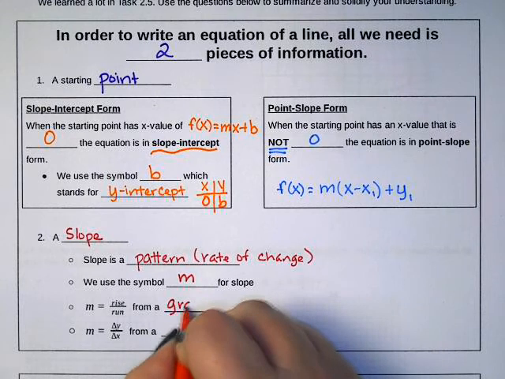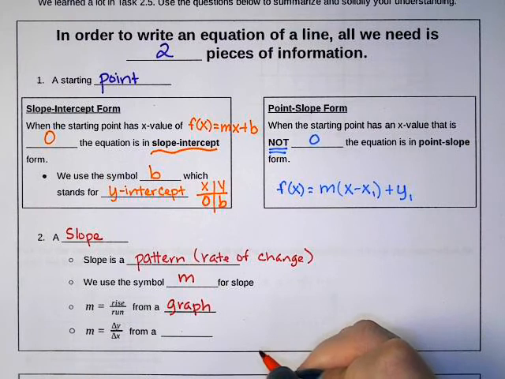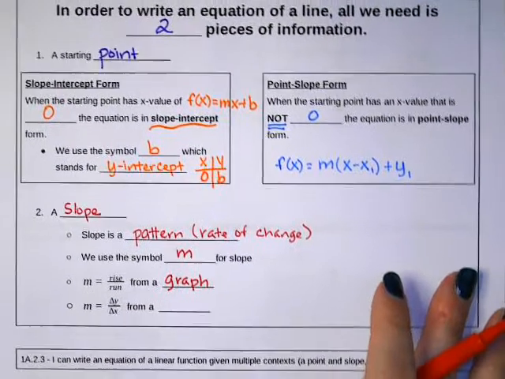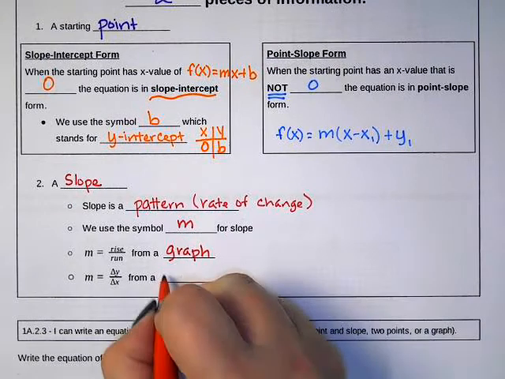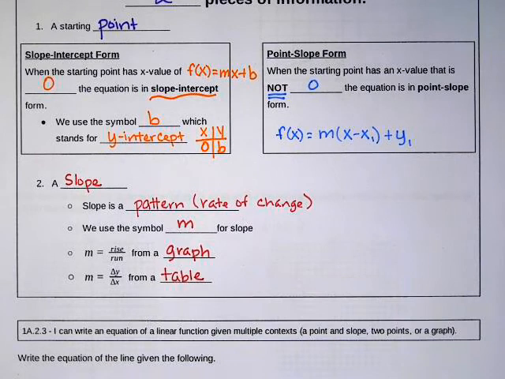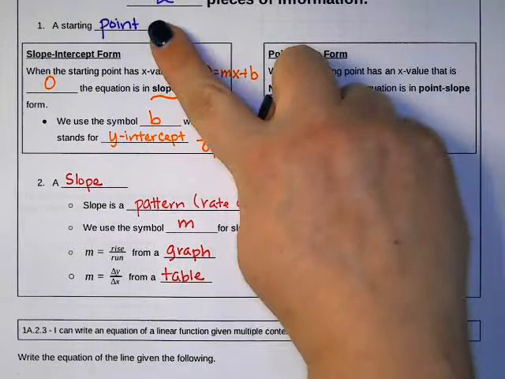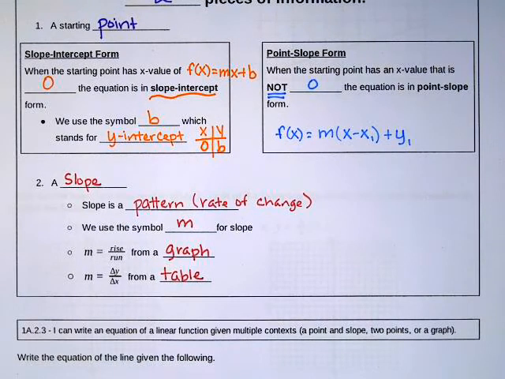We can just count how much do we go up or down and how much do we go left or right. We can also say that slope is the change in y over the change in x, and we use that when we're given a table. But those are the two things we need. We need a starting point and we need a slope, which are the same things that we needed when we wrote equations before.